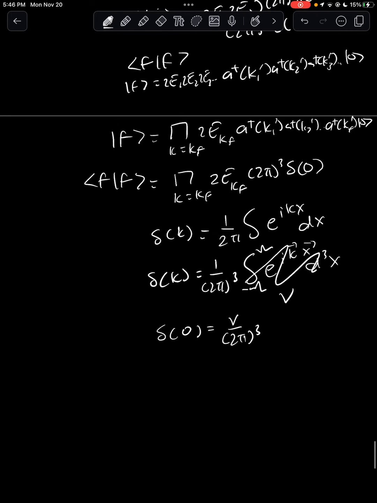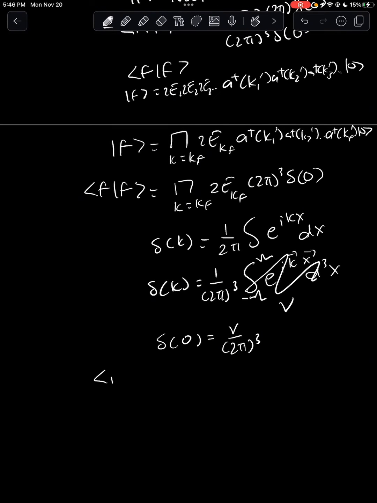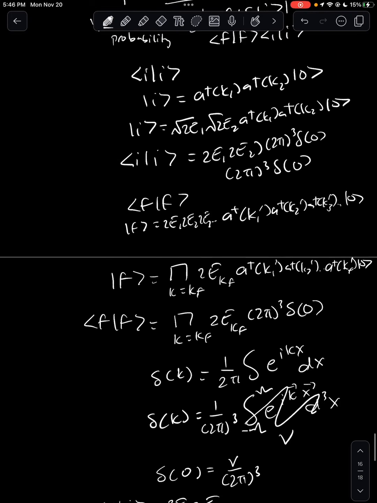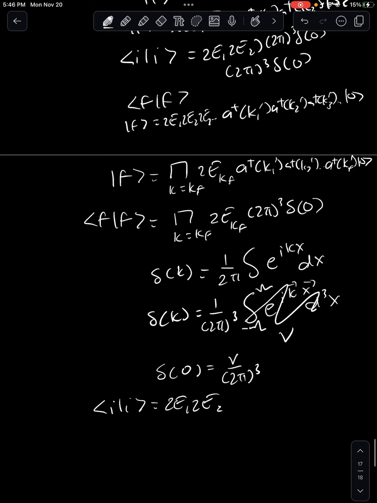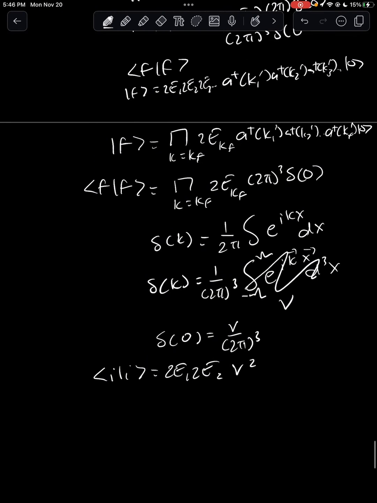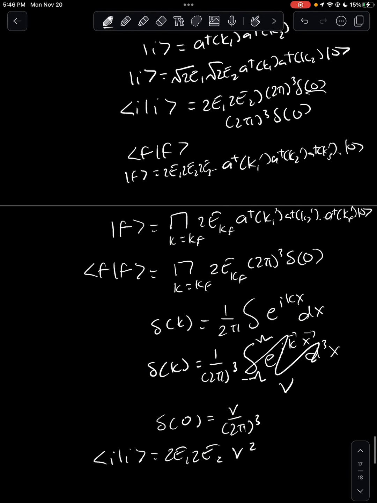This means we can rewrite this as 2E1, 2E2, and then we had 2π cubed times delta of 0, but that's just V over 2π cubed. So we can write that as V squared, since we had two delta zeros.